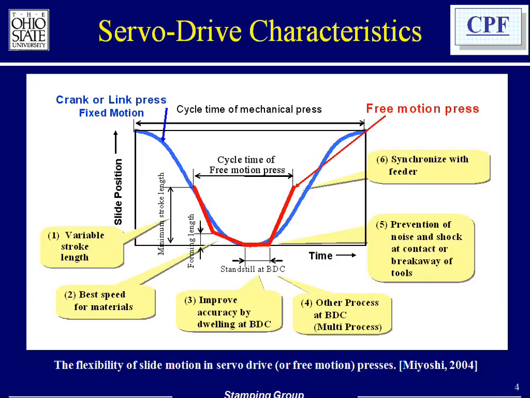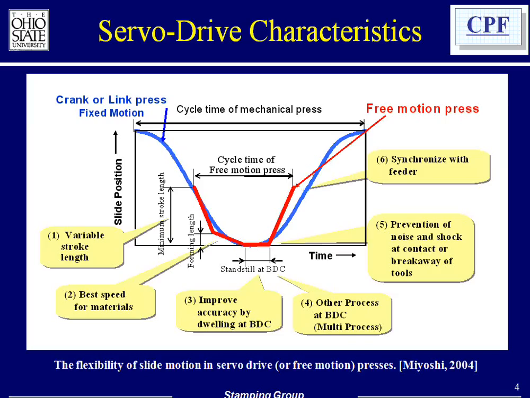So I'm going to slide 4, which is really the key point in understanding the capabilities of a servo press. What you see here with the blue line is a typical slide versus time curve of a mechanical press, which is like a sine curve.